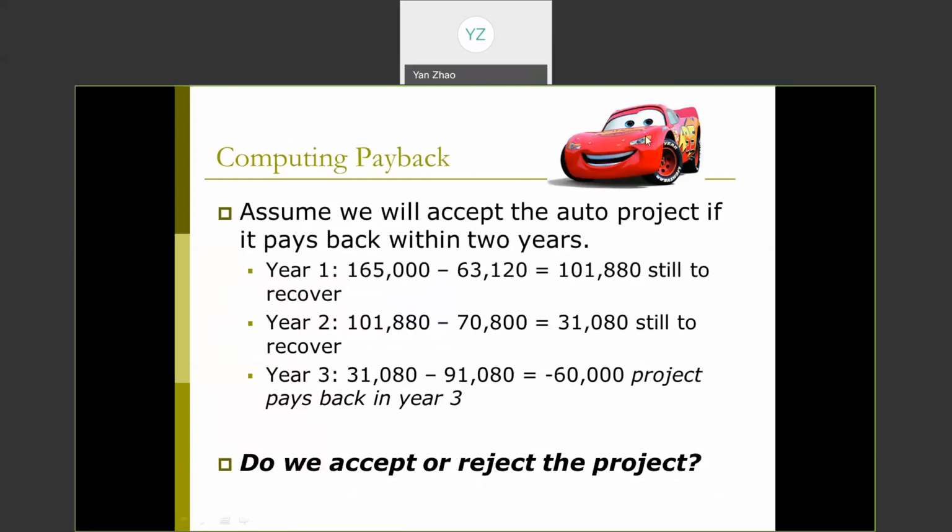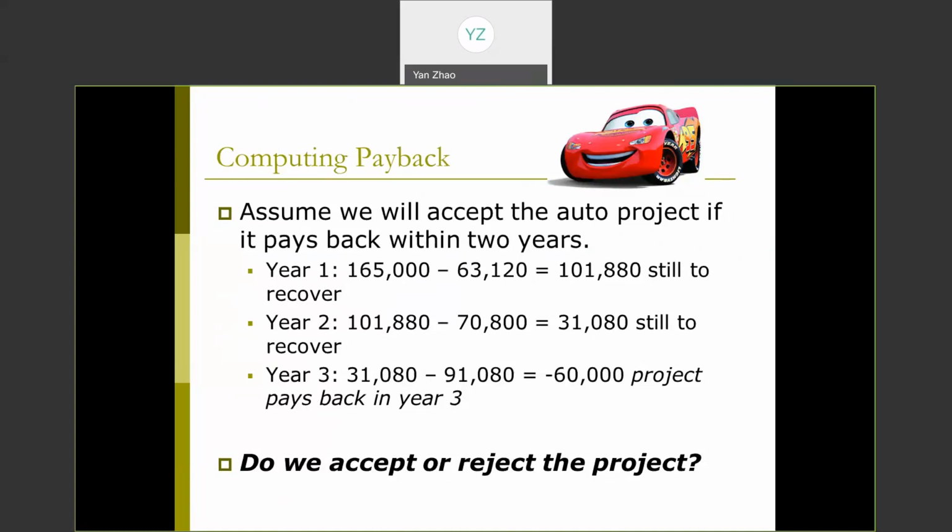Okay, again, we're back into the car example. Assume we will accept the auto project if the payback is within 2 years. Okay, so 2 years. 2 is a very subjective number. Who set the rules of 2 years? The financial managers can set the rules. If you're working for car company one, the financial manager may set a 2 years rule.